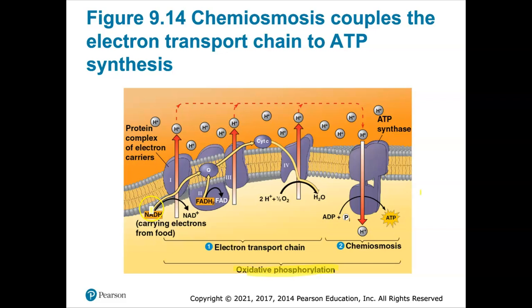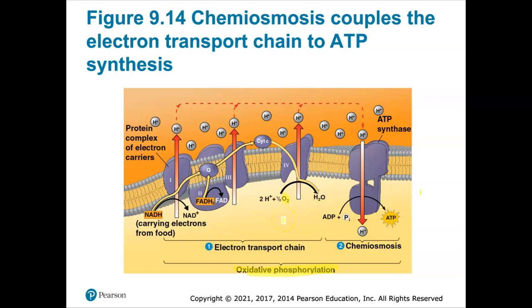Then those electrons are transported from carrier to carrier to carrier until finally they are added to oxygen and hydrogen ions, and water is formed. So the final electron acceptor is oxygen. That's where the electron is going to end up. It's going to combine with oxygen gas.